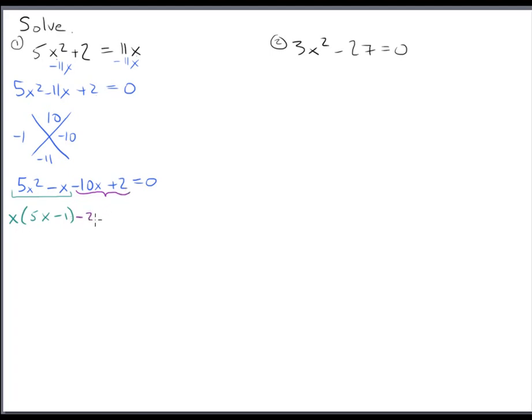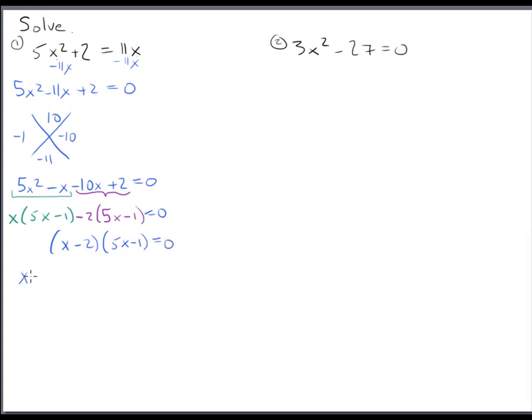I'm going to subtract 2, and when we pull out that negative 2, negative 10 divided by negative 2 is a positive 5, so we've got 5x. 2 divided by a negative 2 is a negative 1, so we've got 5x minus 1.